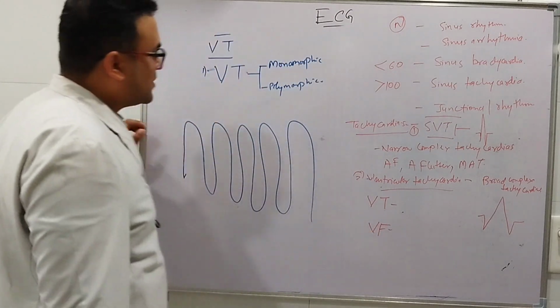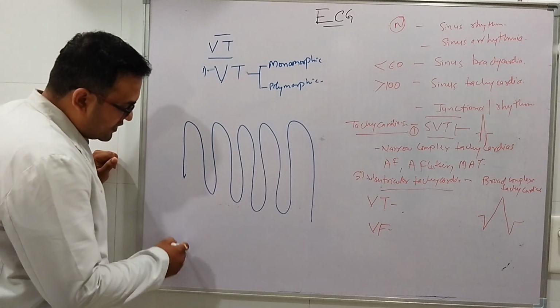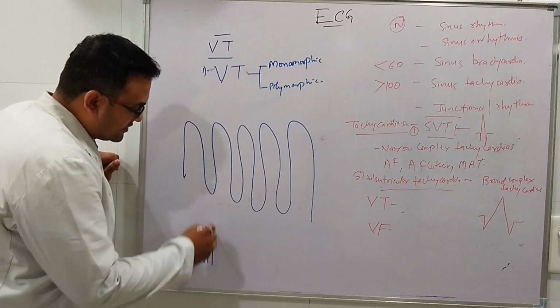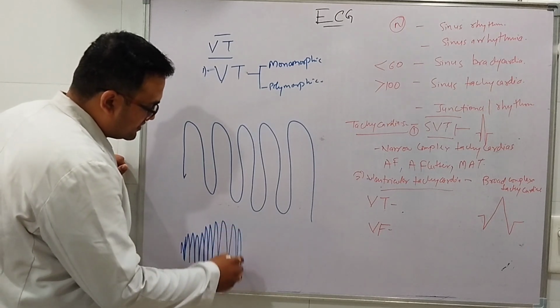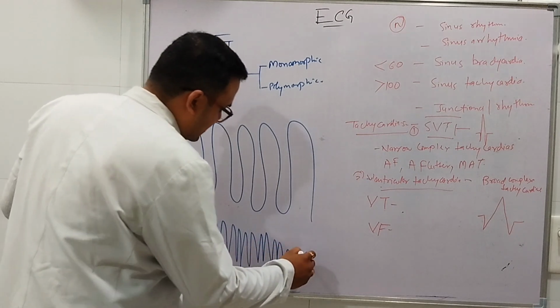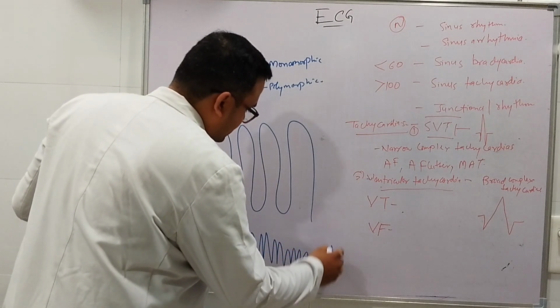Next comes the polymorphic VT. In polymorphic VT, the amplitude gradually increases and then decreases, there will be a pause, and again the same thing will start.